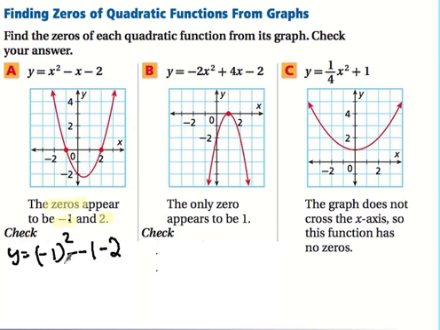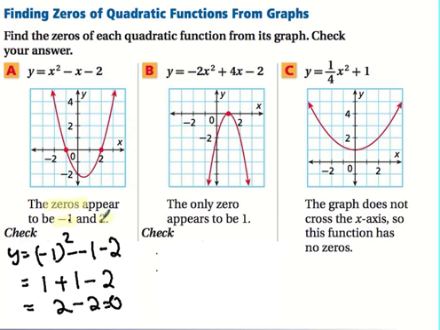Now here minus a minus is a plus, and -1 squared is 1. So 1 plus 1 minus 2. 1 plus 1 is 2, and 2 minus 2 is 0. So we get a 0.